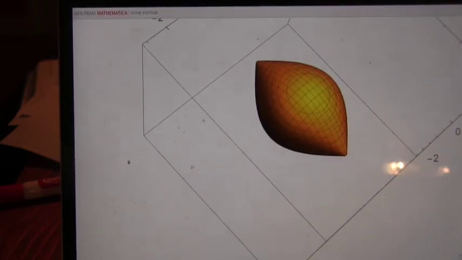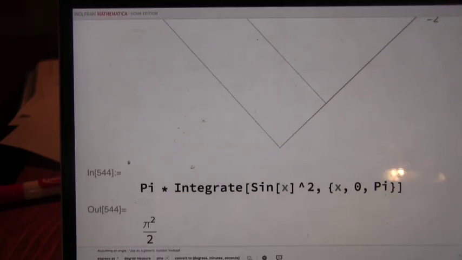Could you have done that integral? Do you know how to integrate sine squared? It's not easy, but I think I probably could have. What do you think you do? You have to use an identity for cosine of 2x, which is 1 minus sine squared x, and then you can fiddle with that.